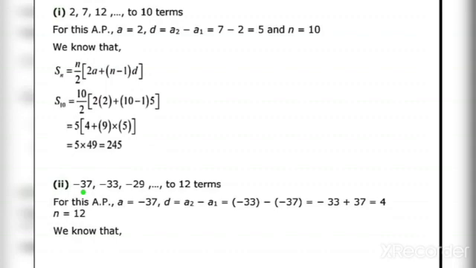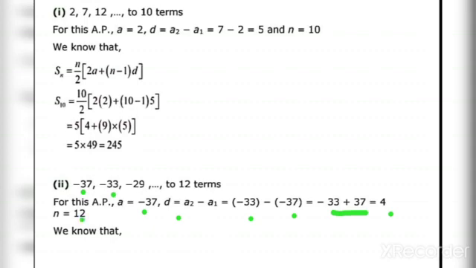After that, next question. Our first term is a is equal to minus 37, second term is minus 33 here. So we want to find the difference between the two consecutive terms, a2 minus a1, that is minus 33 minus (minus 37). So minus 33 plus 37, that is 4.